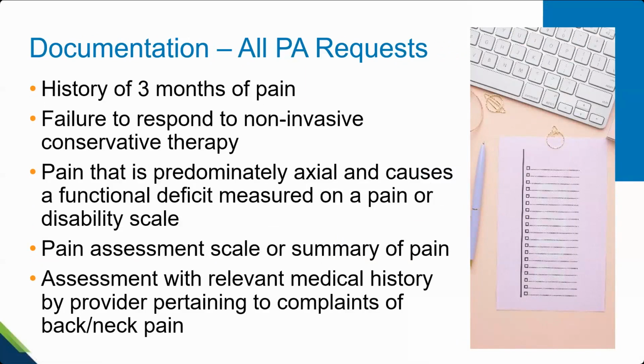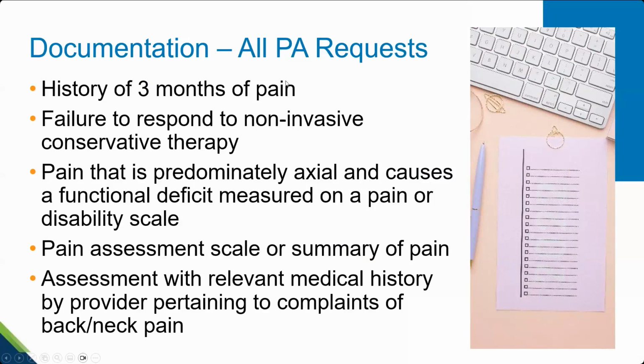So as we move on, for all prior authorization requests, including your first MBB request for diagnostic, this is all the documentation that you need to submit, as well as your prior authorization request form.